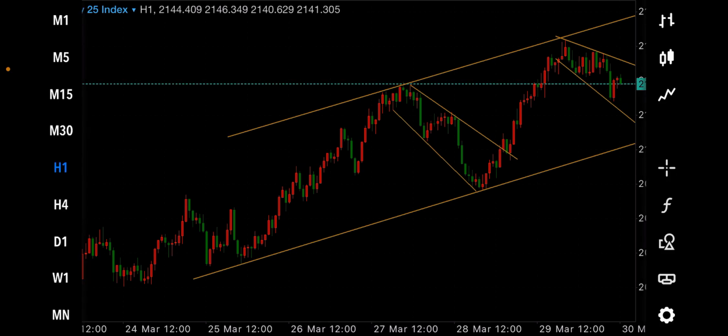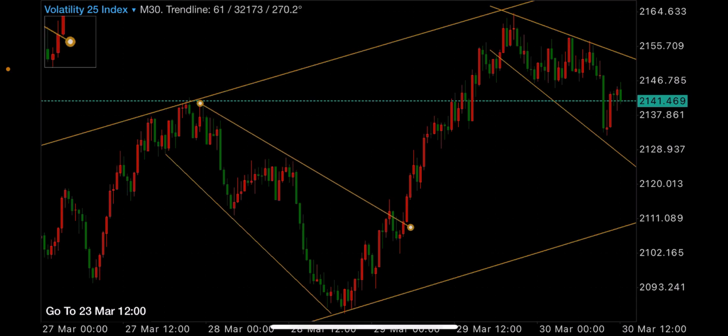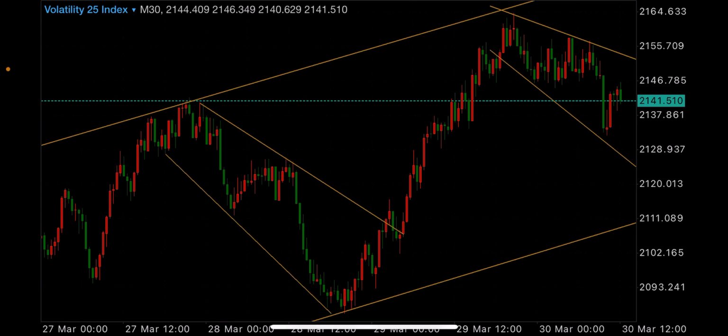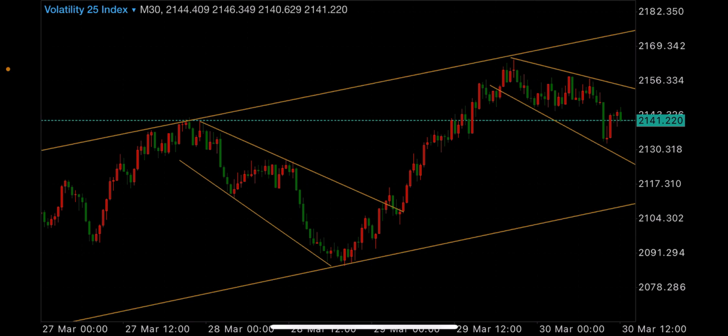So you can go up to 30 minutes so that you can tweak your trend line here like this. Again, tweak here like this. Tweak your trend line there. So you see, make it good so that everyone can see it.